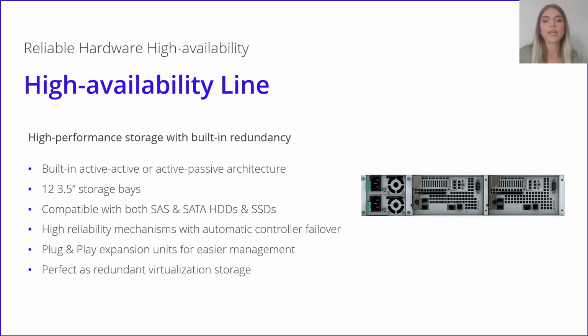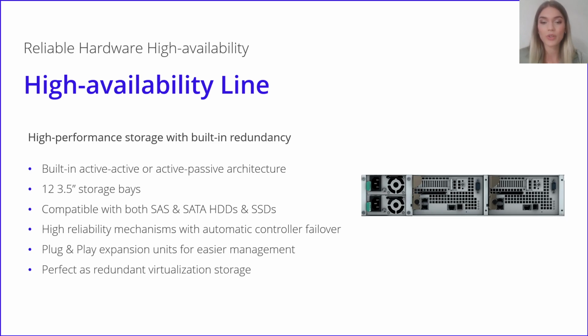We mentioned today the software high availability solution, SHA, but you might also want to have redundancy inside your hardware itself. And to do that, we also have an HA server line with active-active or active-passive architectures. The storage capacity is 12 bays for 3.5-inch SAS or SATA SSDs or HDDs.